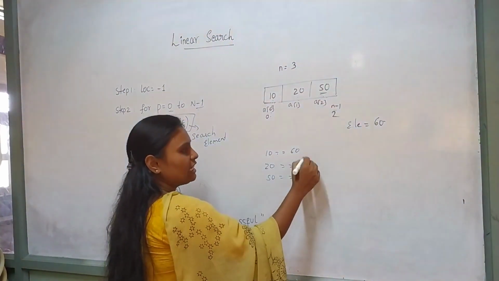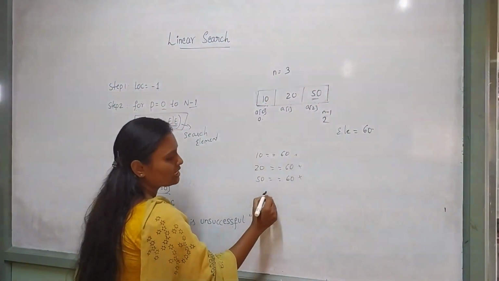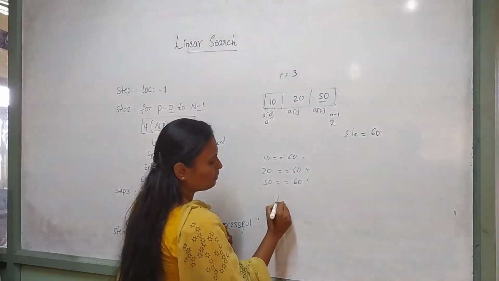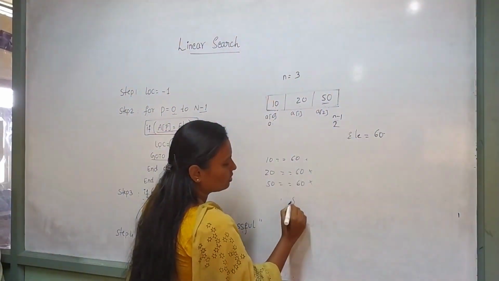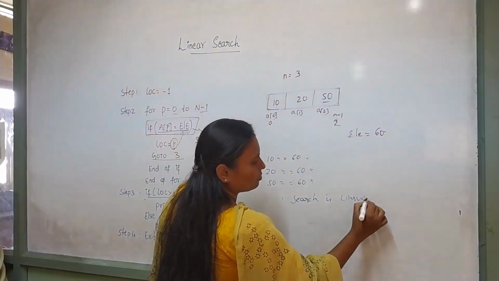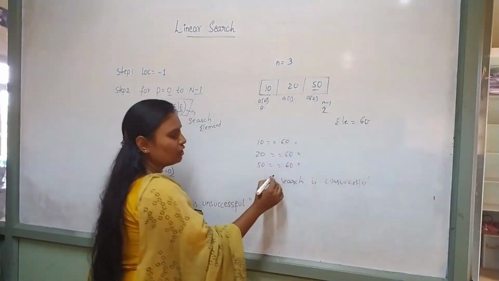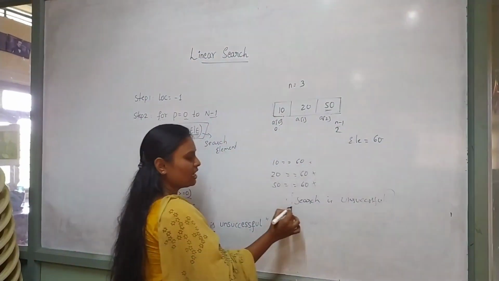So in this array list there is no element 60. So it doesn't print any location and it prints search is unsuccessful. When the element is not found, it prints search is unsuccessful.